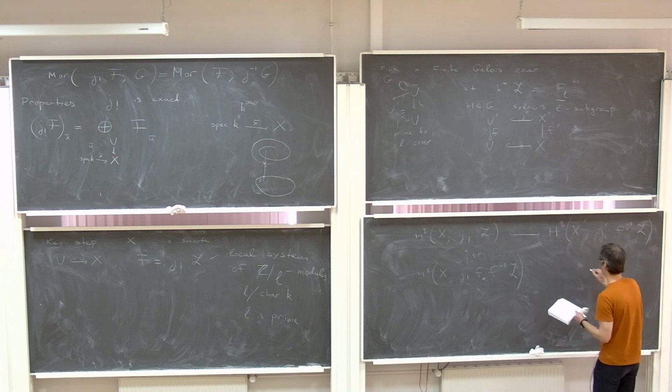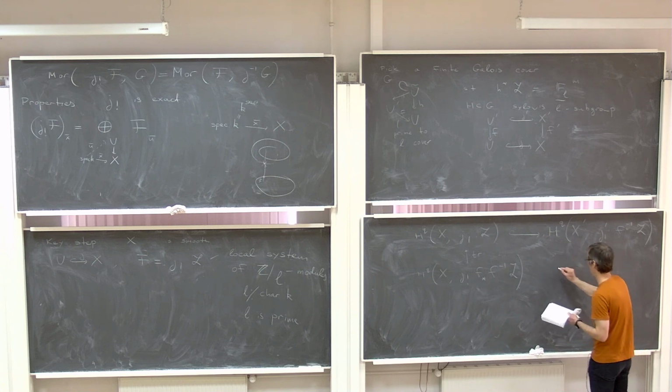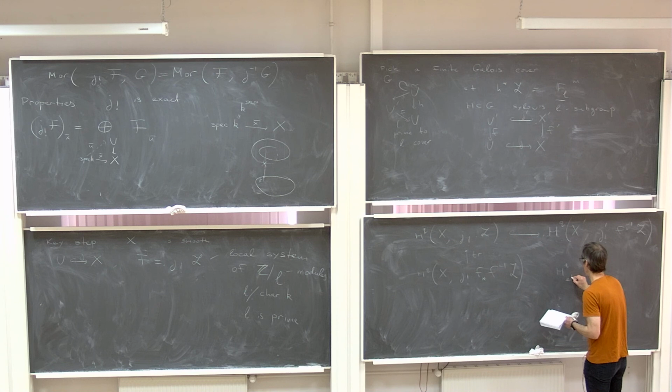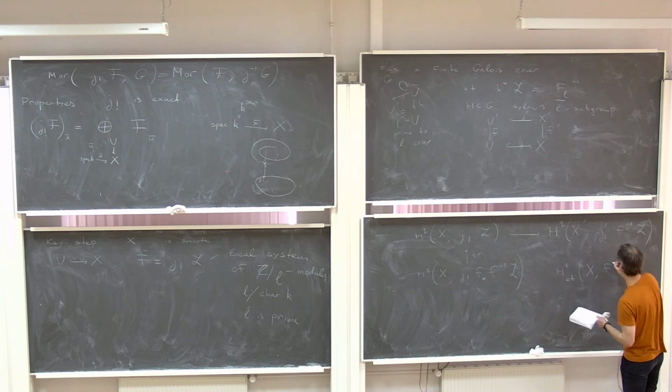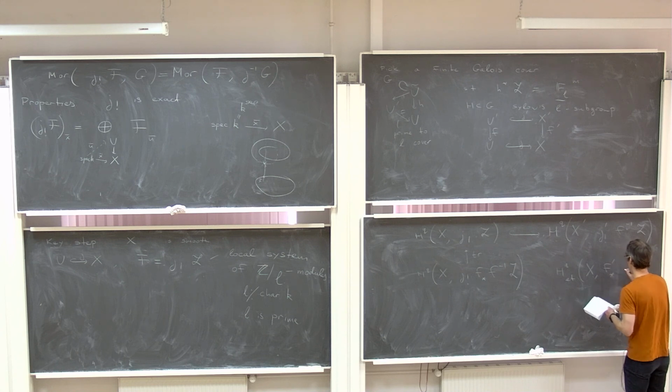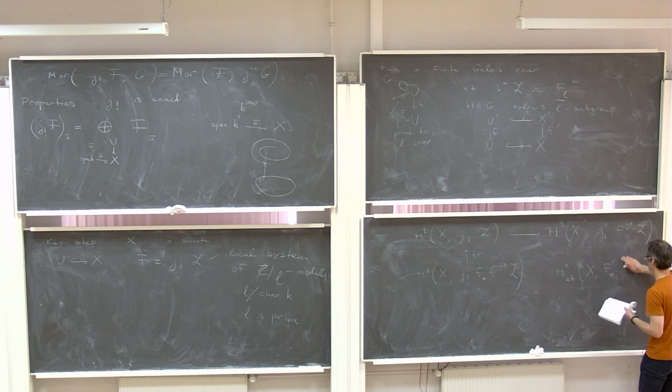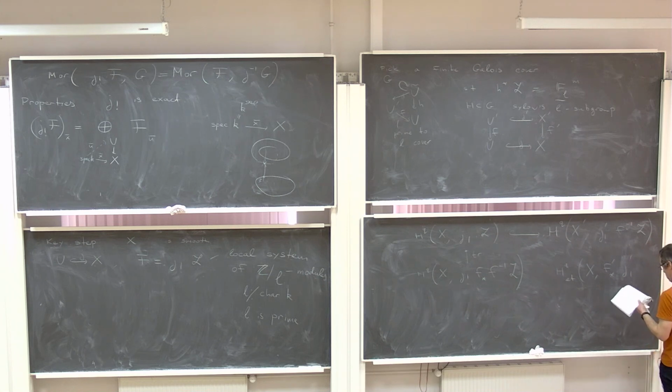And this group is isomorphic to H^1 étale of X prime with coefficients in j prime lower shriek F^{-1} of L. Okay? So why is it isomorphic?